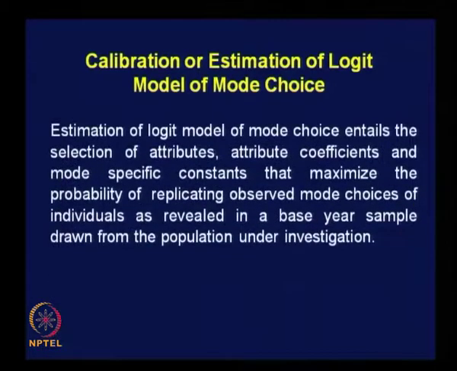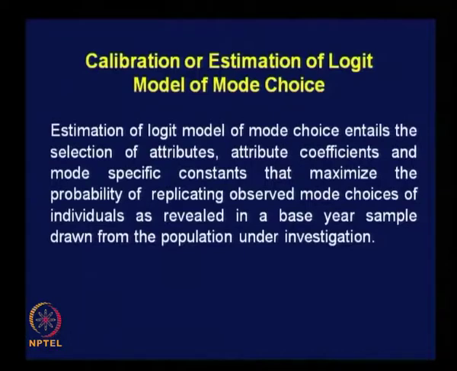It can be stated as follows: estimation of logit model of mode choice entails the selection of attributes. That is the first step. You have to select the attributes to formulate your utility function. Then attribute coefficients through a calibration process, and mode specific constants, if any, that maximize the probability of replicating observed mode choices.